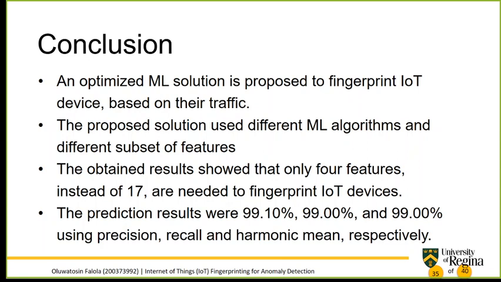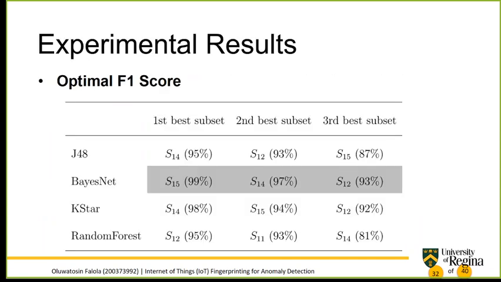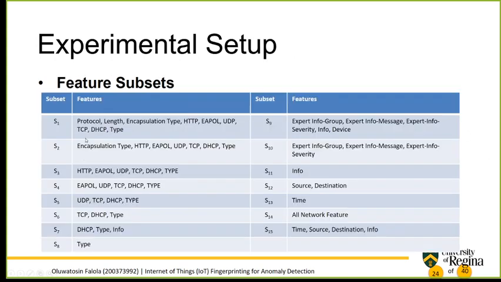The obtained results show that only 4 features, and we can see from here that S15, time, source, destination, and info, is the best subset that we used to predict, which gives us the optimal prediction and the best result of 99%.